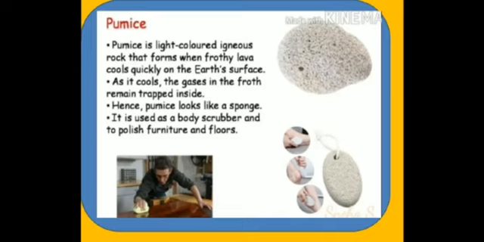It is used as a body scrubber and to polish furniture and floors. Students, you might have seen these pumice rocks in your house because they are used as body scrubbers. You can see in the pictures given on my screen. I think pumice is very familiar to you all.